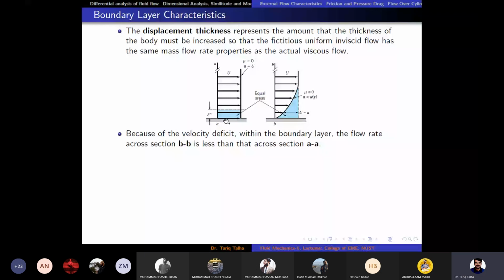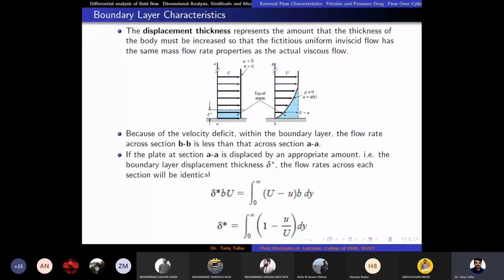Now we need to see what is the value of delta star, which is displacement thickness, so that we can equate the mass flow rate from this point to this and from this to here.